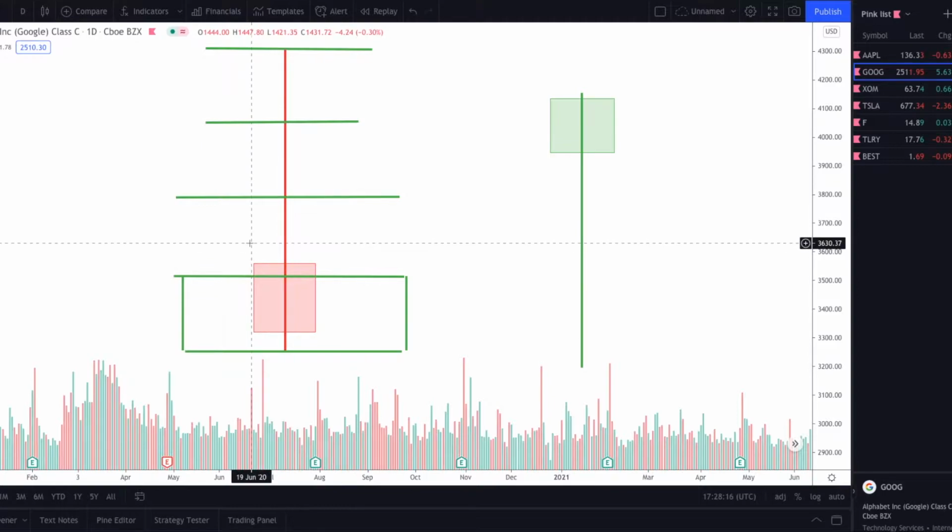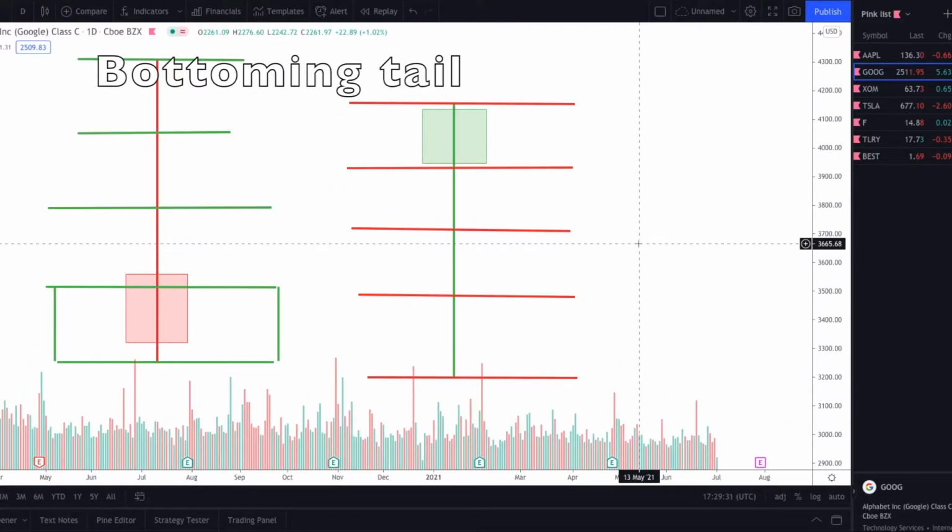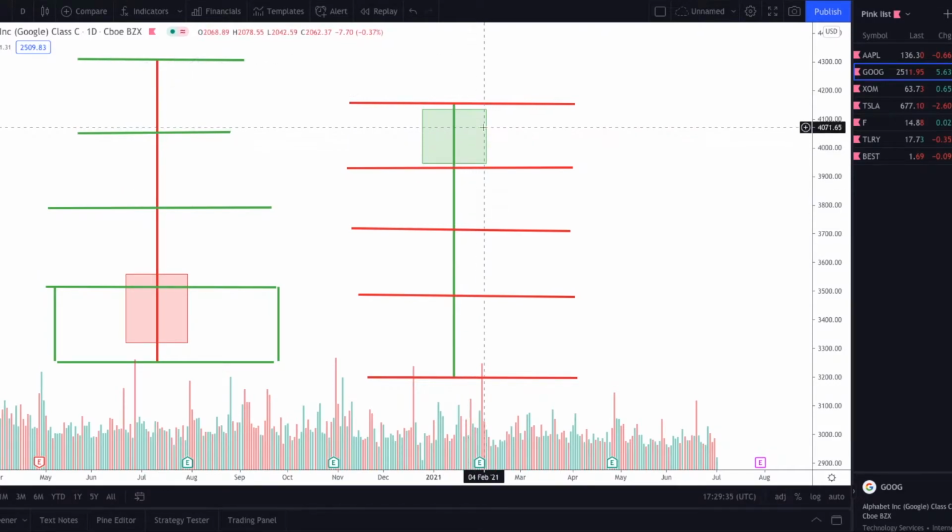This happens when the stock has reached a new high. If it hits a new high and you see this huge tail and it closes at the lower 25% of the candle, it's a topping tail. The same goes for a bottoming tail. On the bottom, we want the candle to close green, closing at the top 25% of the entire candle move.